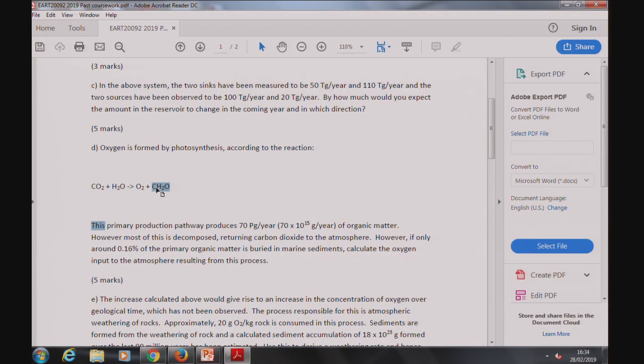But what James is saying is if we were to take away 0.16% of this biomass, and it gets buried, it's locked away, then it can't produce CO2 and H2O. Okay? I do apologise, I've got that confused. Let's start again.